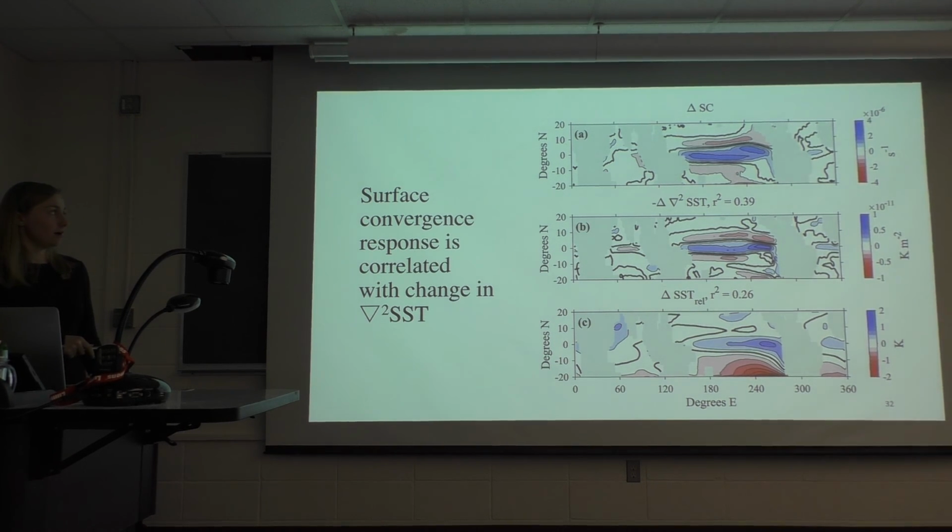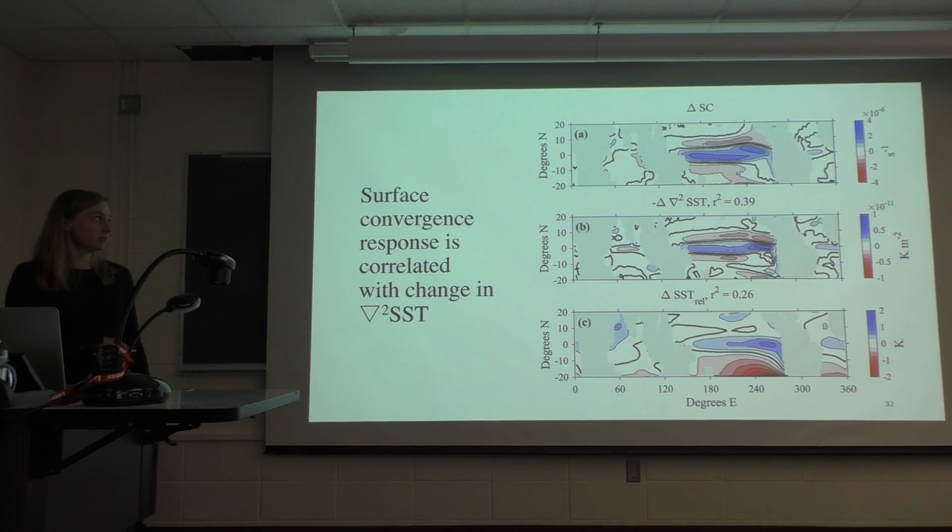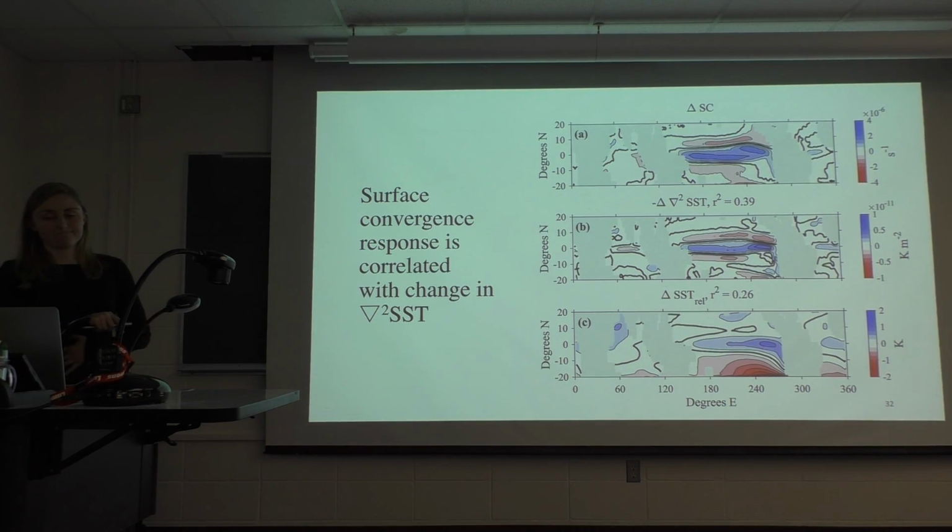And then if you were to go strictly based on the Lindzen and Nigam ideas, you would get some portion of surface convergence as being proportional to the Laplacian of SST. So we just plot the response of the Laplacian of SST here, and we compare it to the relative SST, which is the term in the warmer get wetter mechanism. And these are correlations with the surface convergence response here.